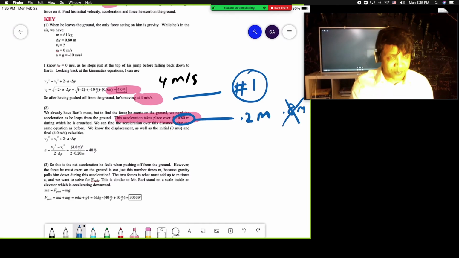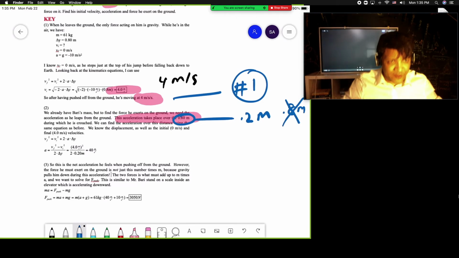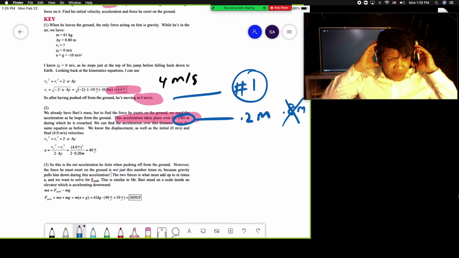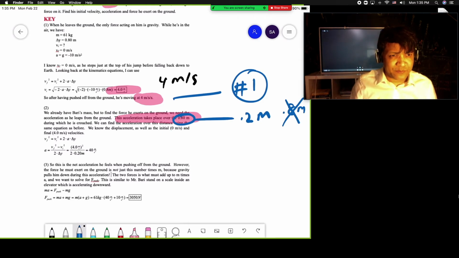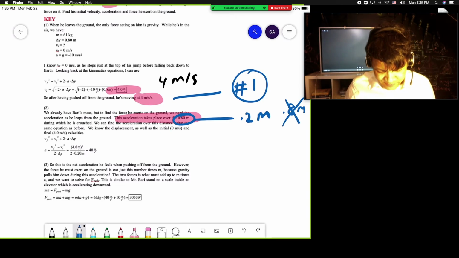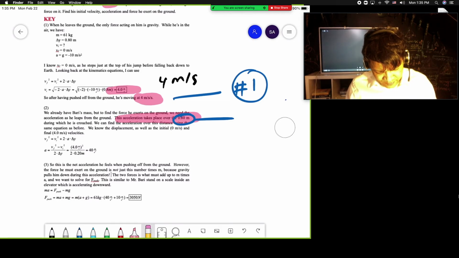When he crouches up, due to acceleration in the upward direction, the person feels heavier because of the apparent weight gain, and that is happening over 0.2 meter, not 0.8 meter. So that's mistake number 2. So far we found 2 mistakes.